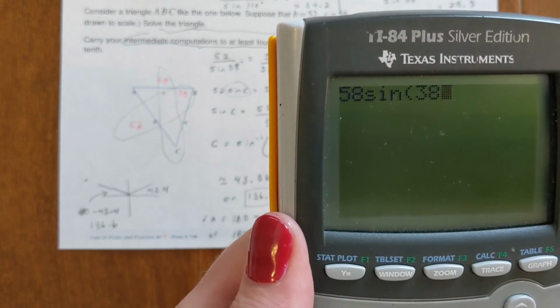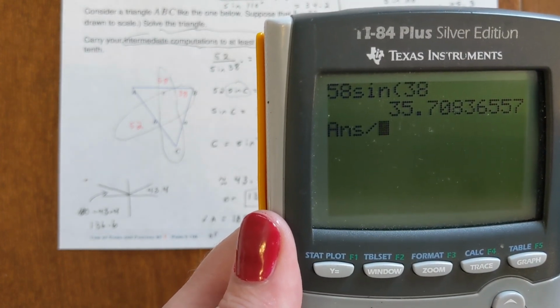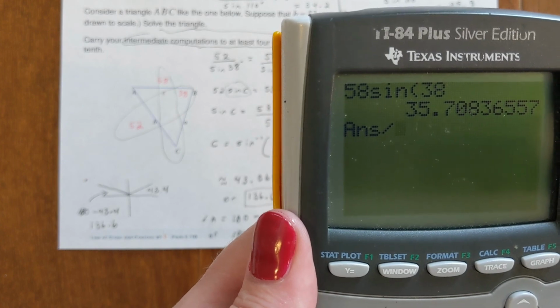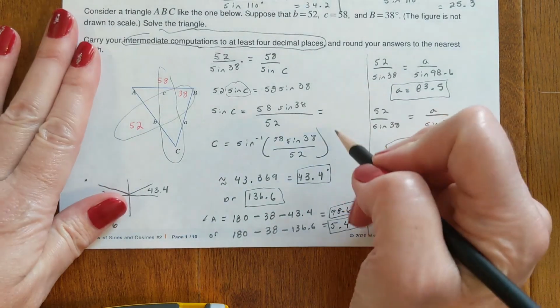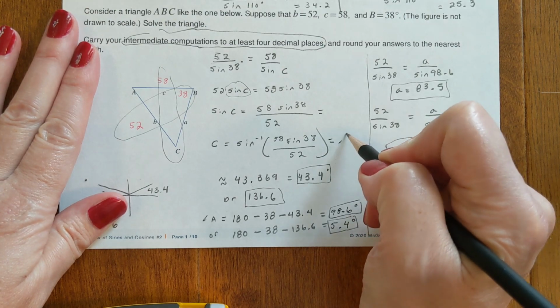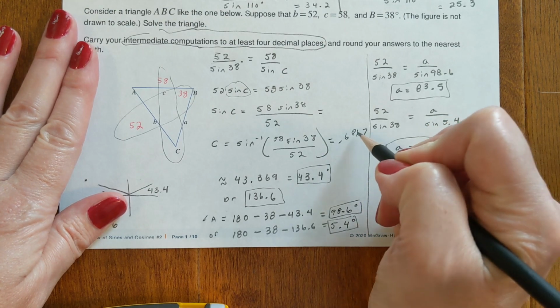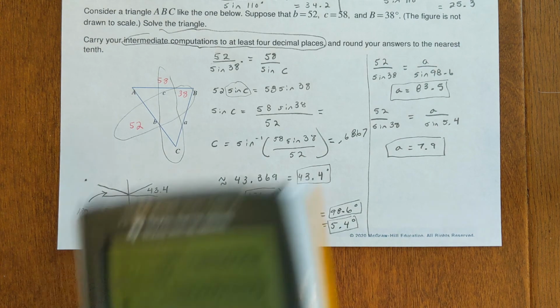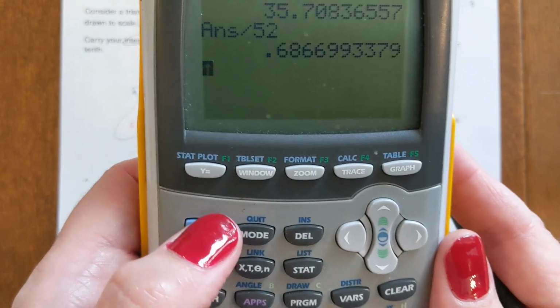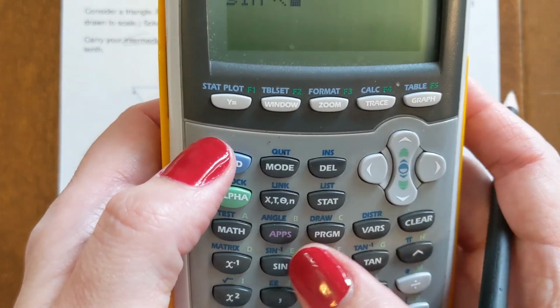I'm going to hit equals and then divide that by 52. And I got, to 4 places, 0.6867. So then doing second sine, you have to hit second on your calculator and then the sine key.